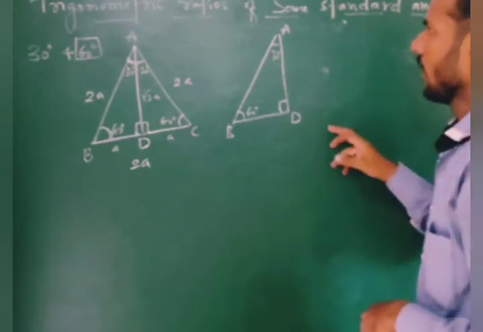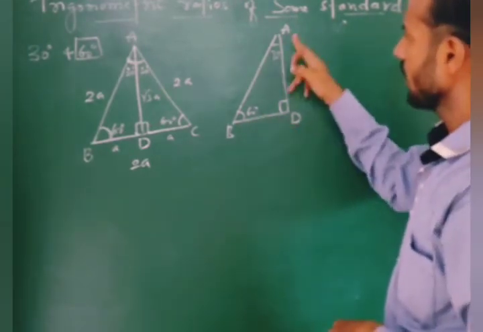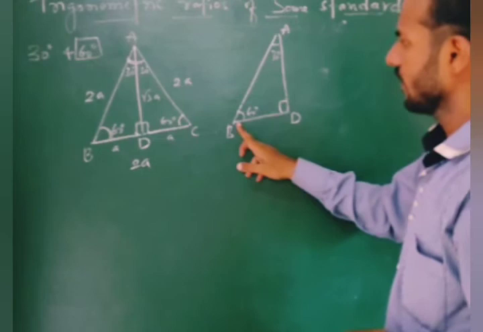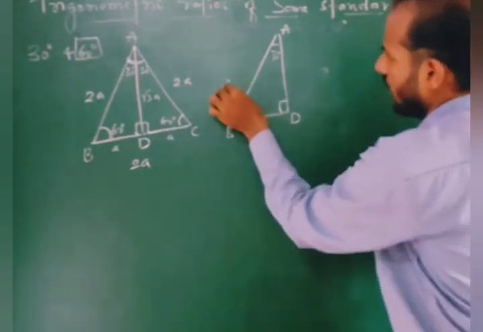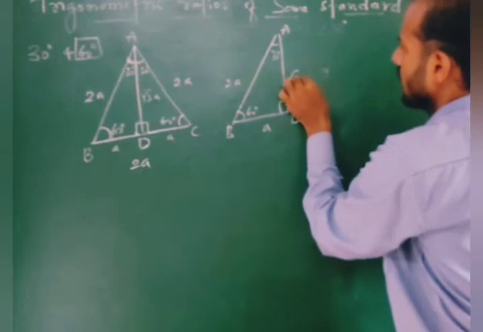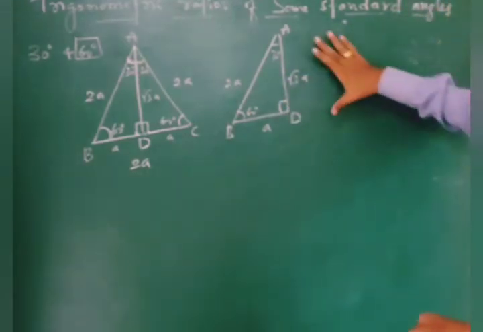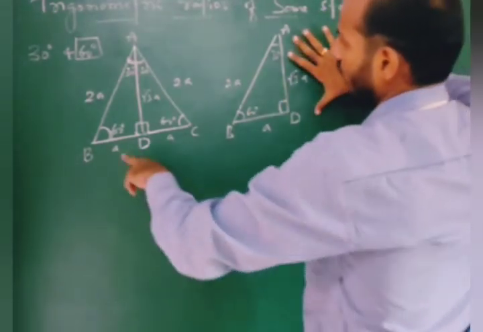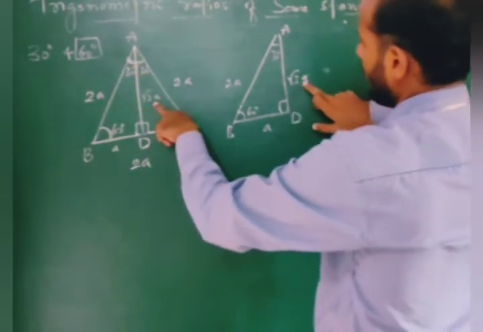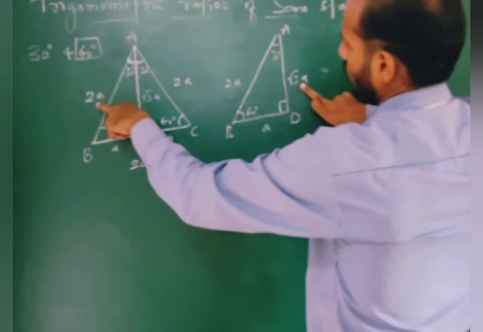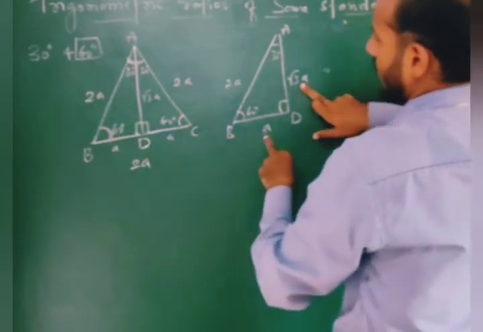Now, when the angle is 60 degree, this value is what? This is A, this is 2A, this is root 3A, right? When it is 60 degree, AD is root 3A, AB is 2A, and this is A directly.